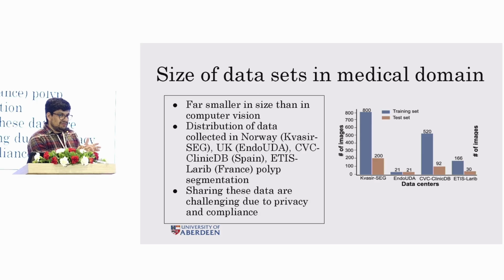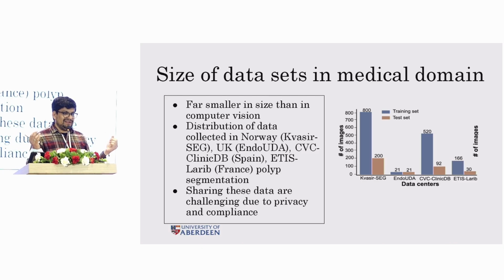So are we able to train a deep learning model with this amount of data? We can do that, but maybe the model may not be optimal, right? And also, there is the sharing of data. For example, on the internet, we share our pictures, family-related photos, and we write about blogs and everything.